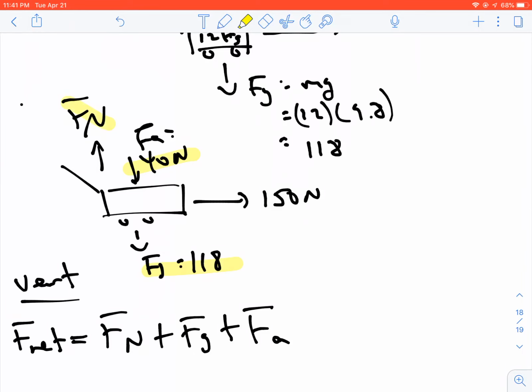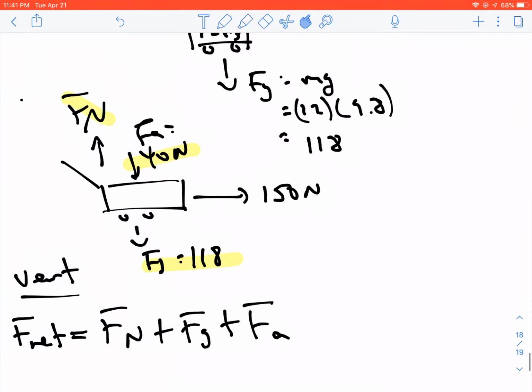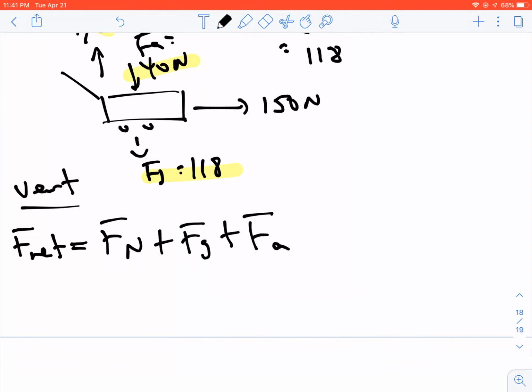Now, I know that it's not moving up or down, right? It's got zero vertical motion, so the acceleration in the vertical plane is going to be zero.